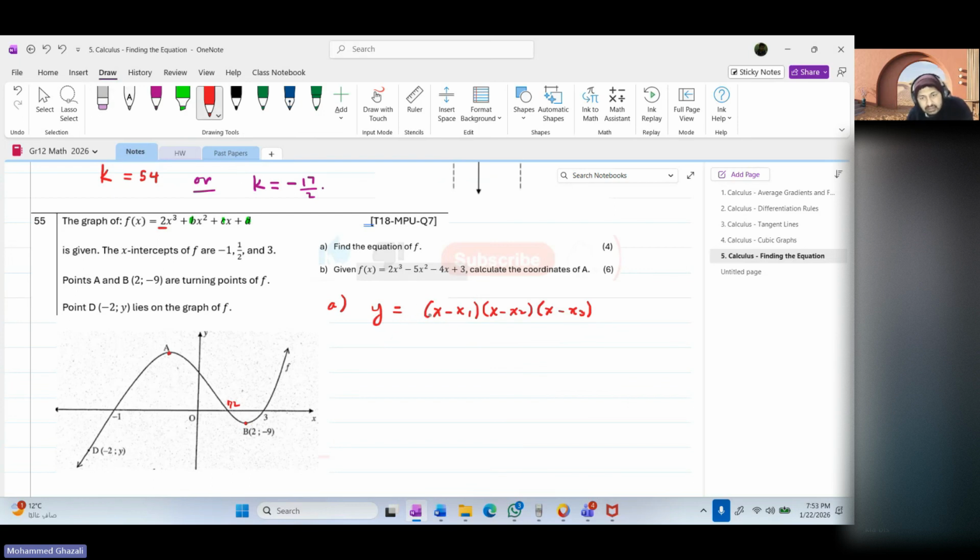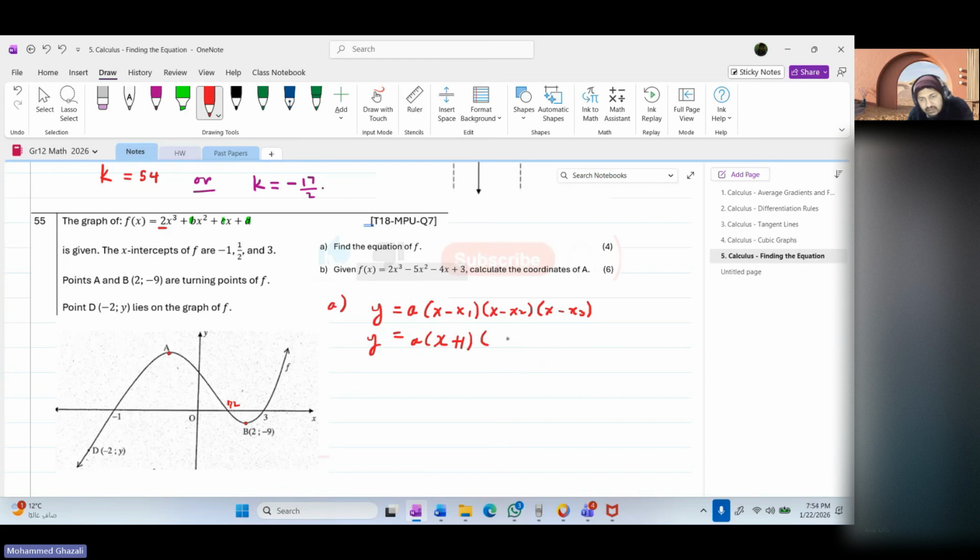I'll tell you why, because you're going to put x plus half here, but you don't put half. Think about solving this equation. So y is now equal to A into x minus x1, which is x plus 1. Now you don't say x minus half here, right?